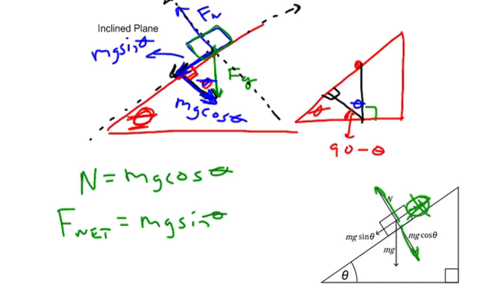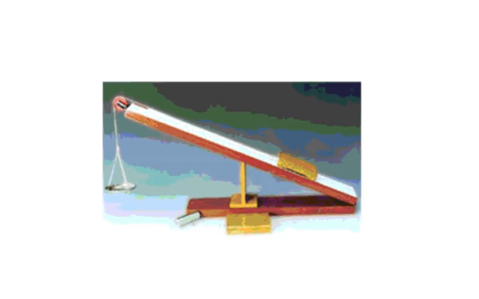So let's use that idea to think about this problem where we've got a frictionless plane at some angle theta with a block of little mass m that's being attached to a pulley that has a mass of big M that's pulling it down.